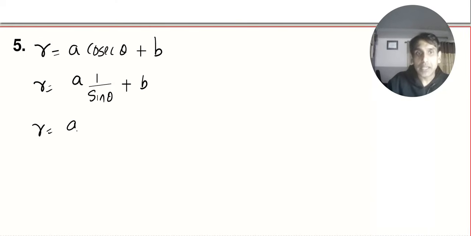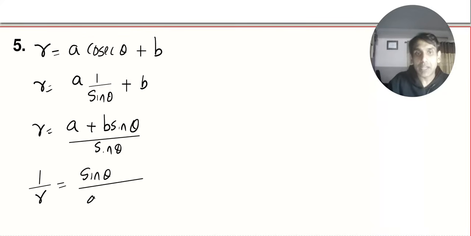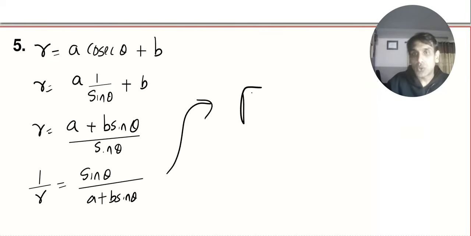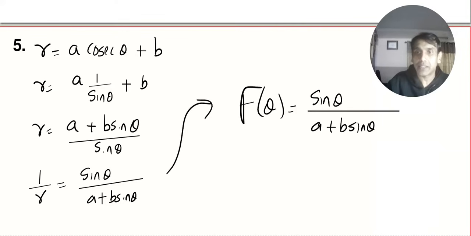Now I'm going to take LCM: a plus b sin θ divided by sin θ. Taking reciprocal, I'll get 1 by r equal to sin θ by a plus b sin θ. So f(θ) is equal to sin θ divided by a plus b sin θ.